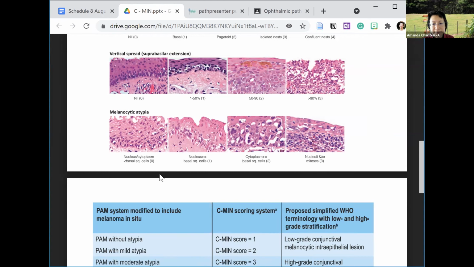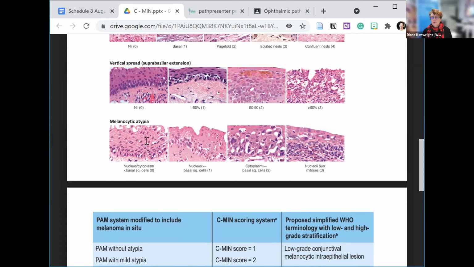Okay. So we've had 2 no's, and then without atypia observe and with atypia treat. And then people saying extent in clock hours is the most significant risk factor for transformation. All right, how do we differentiate racial melanosis versus PAM without atypia? In racial melanosis, there is no increase at all in melanocytes.